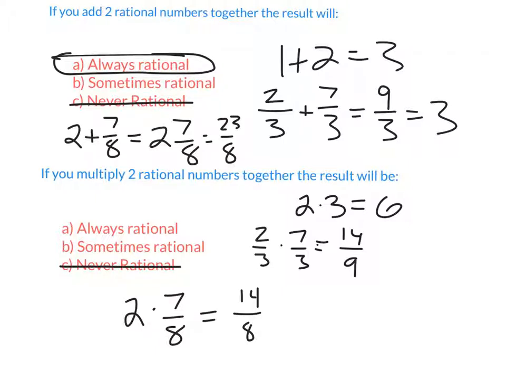So there's no way we can come up with two rational numbers, multiply them together, and get anything except another rational number. So you would say that rational numbers are closed under addition and closed under multiplication.